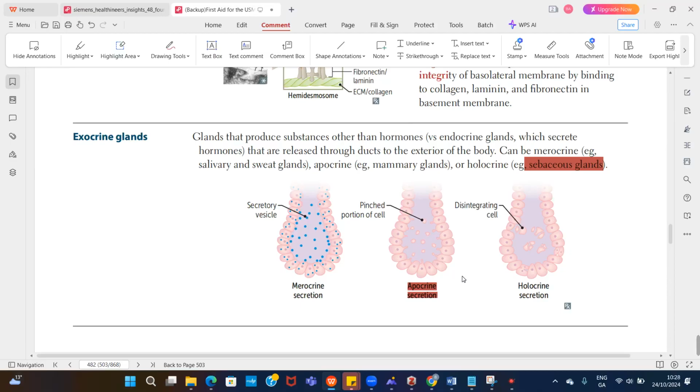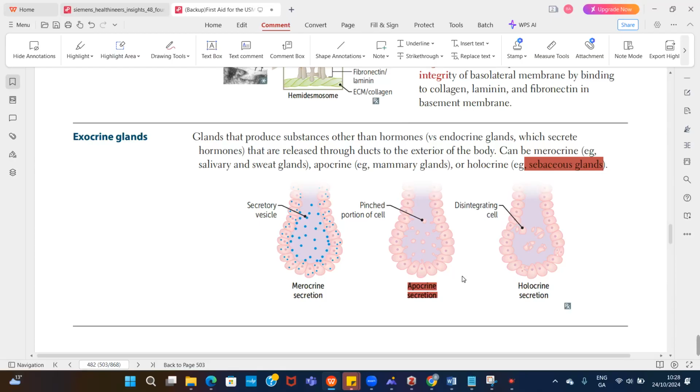While the other glands in the body you can think of follow the merocrine. The merocrine is a good one that I like. You are not pinching off anything, you are not disintegrating anything, you are just releasing your content by the process of exocytosis. Very straightforward. Merocrine secretion. So your pancreatic secretion, your salivary gland secretion, your eccrine sweat gland secretion, they all follow the merocrine approach.